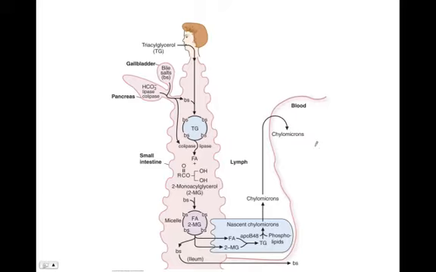So if we look at the overall schematic of digestion, again, it starts with an intake of dietary triglycerols. Digestion starts in both the mouth and the stomach through the actions of lingual and gastric lipase. Once the stomach contents empty into the small intestine, the triglycerols are emulsified by the addition of bile salts.